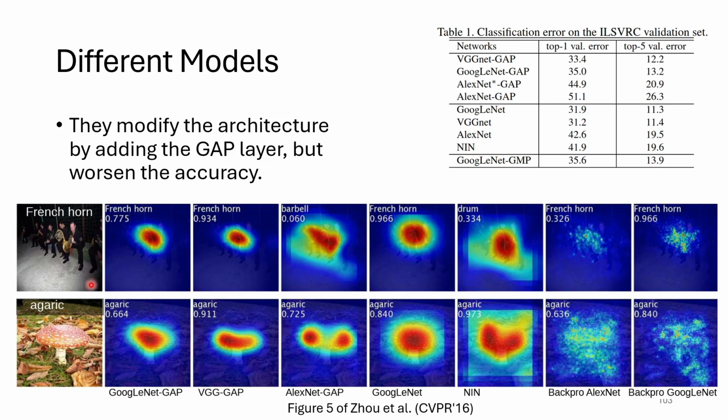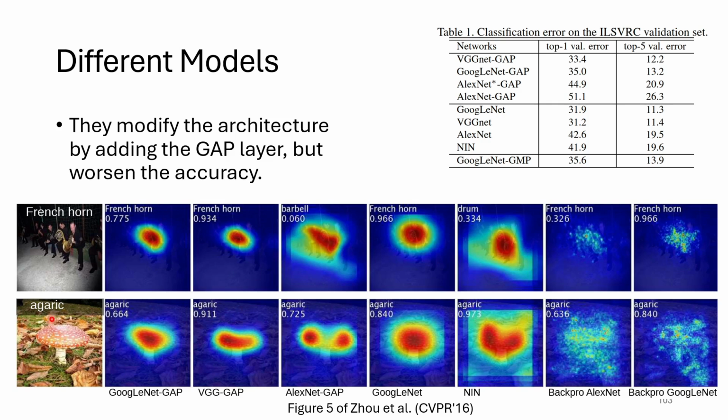But however, for these images, you can see, if they want to know where is the threshold, yes. No matter whether they use the modified GoogleNet, modified VGG, or modified AlexNet, they can show it, and the performance of CAM is quite good.